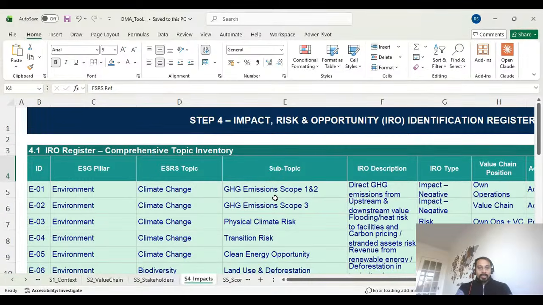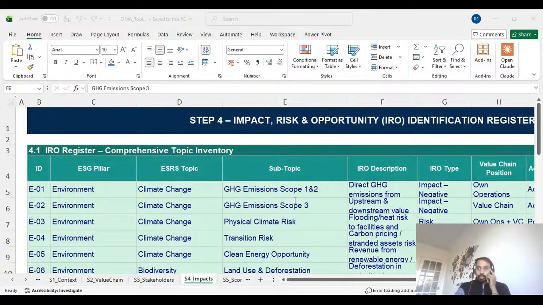Here, what we have done is ID E01 covers the scope 1 and 2 emissions. The subtopic I mentioned here is GHG emissions, scope 1 and 2, from the operations. E02 is GHG emissions scope 3.